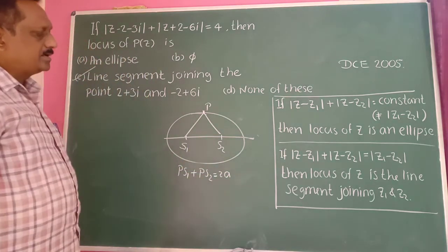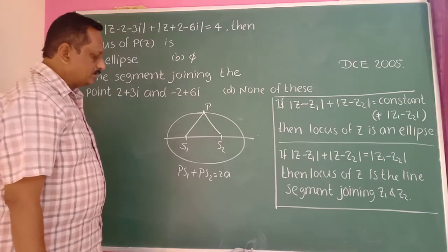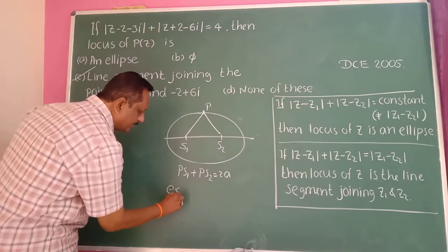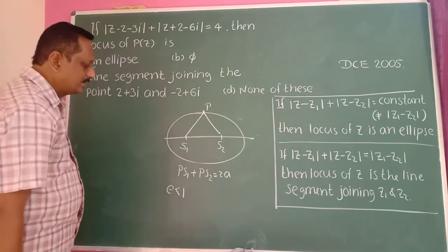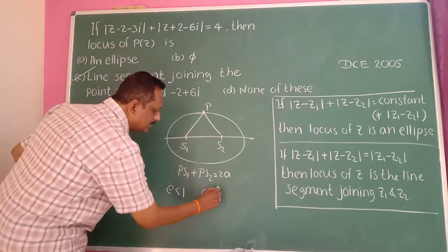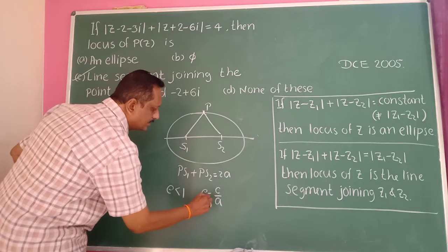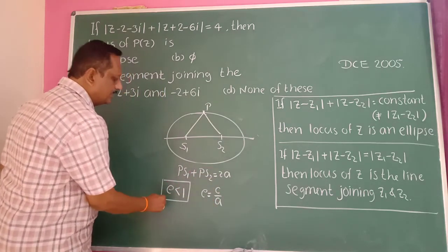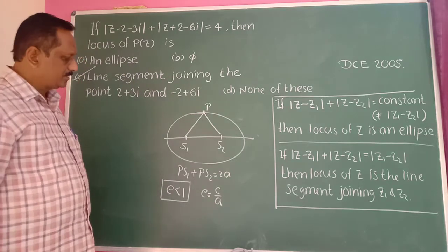Then it represents an ellipse. And you also know that in an ellipse the eccentricity should be less than 1. Eccentricity is C upon A. If the eccentricity is less than 1, then only it represents an ellipse.